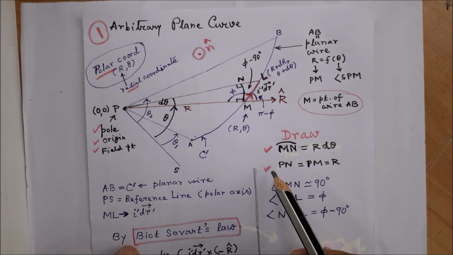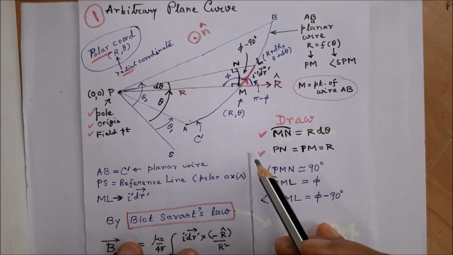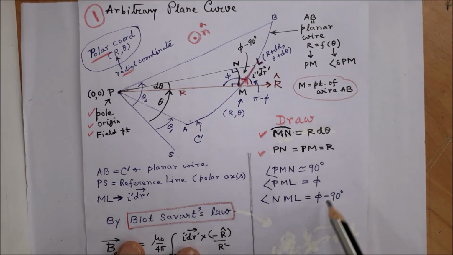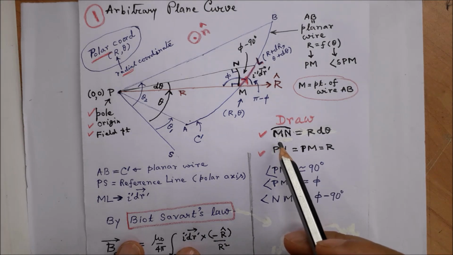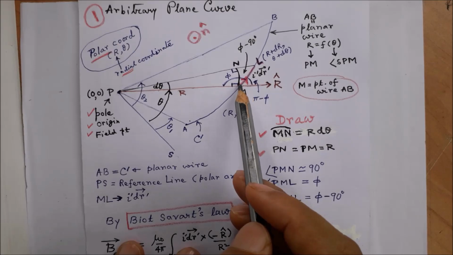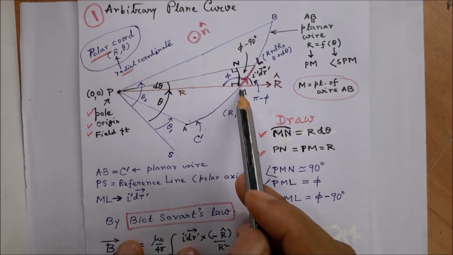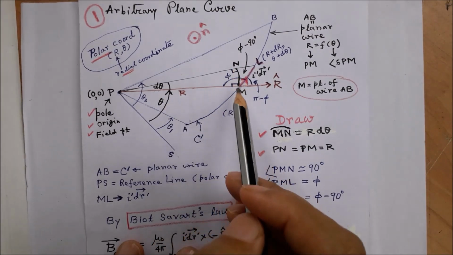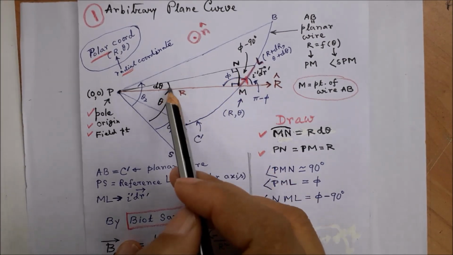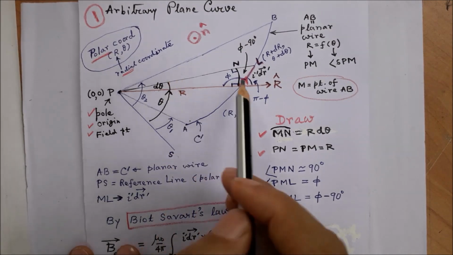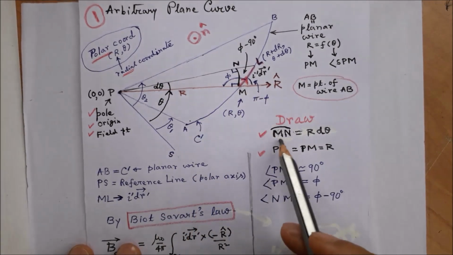To proceed further, we have to do a small construction, and that construction is at this point M, where its polar coordinate is r, let us draw an arc, a small arc of amount d theta, so that we end up with MN. So MN is the arc.